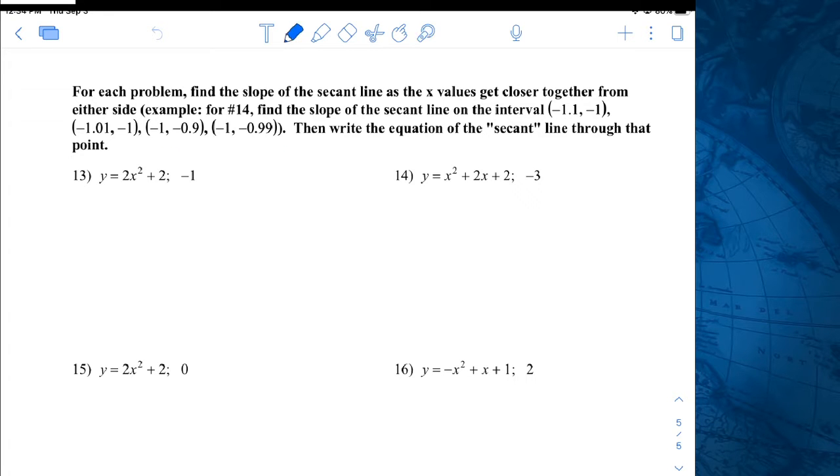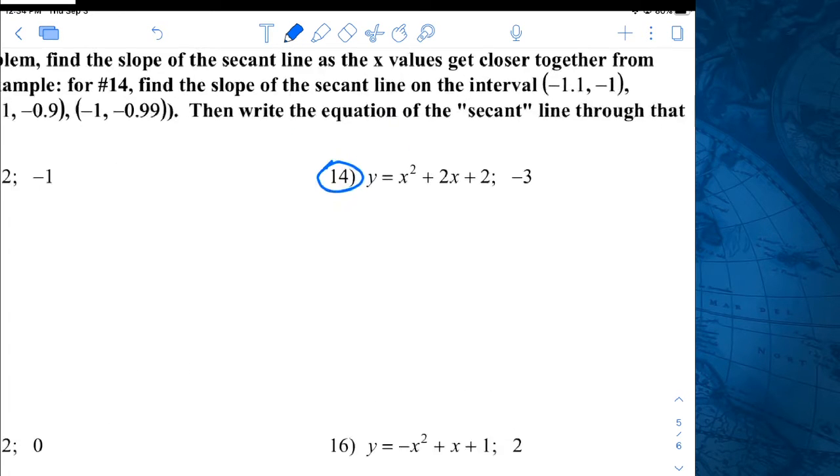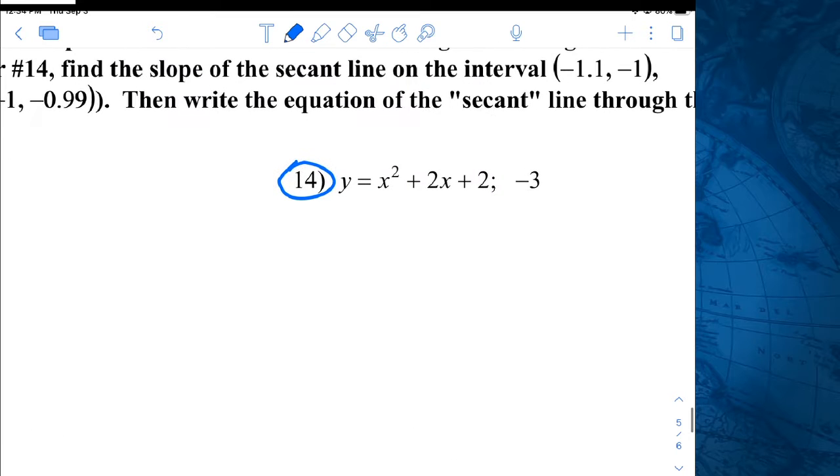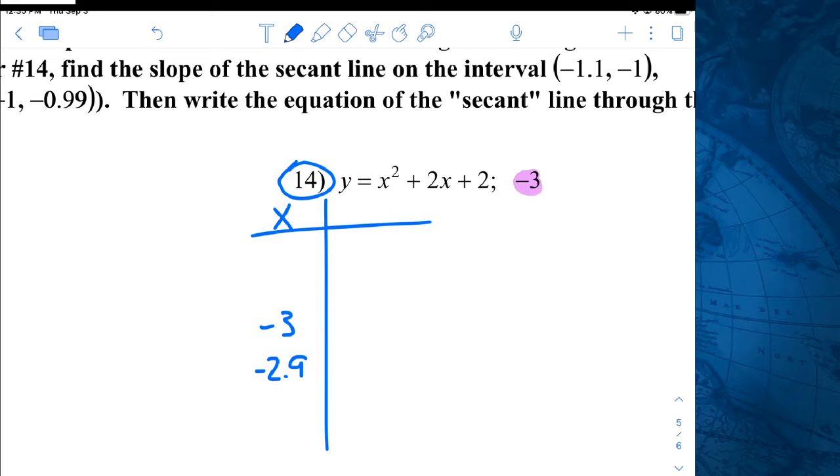So for question 14 here, what we want to start with is a table where we will find the values of, in this case, looking at negative 3 here. And then we're going to add and subtract 0.1. So we'll get negative 2.9 and negative 3.1.